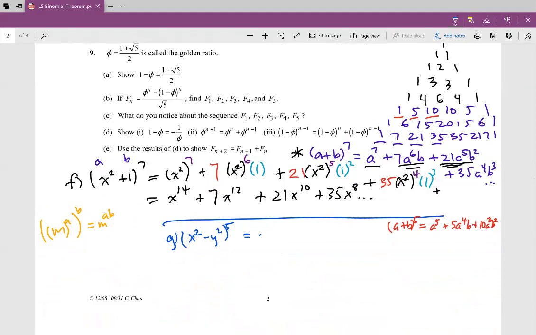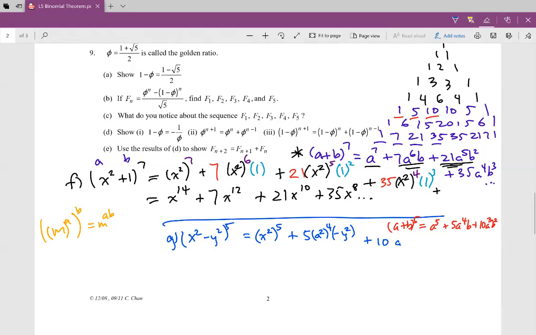So what is the first term? X squared to the 5 plus 5 x squared to the 4. And notice our b is negative y squared plus 10. Oops, not a squared.